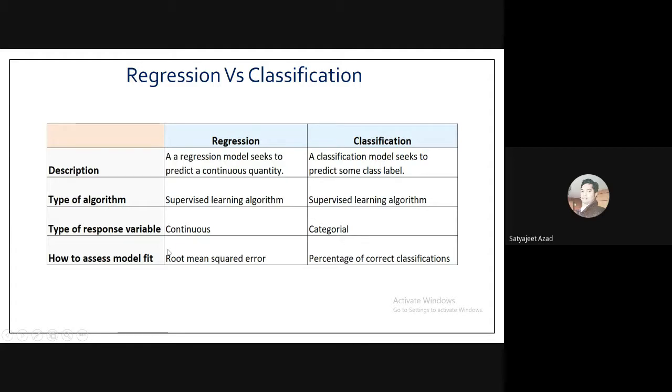For regression, it should be continuous. The rest of the things are similar, but you have to give emphasis to this for a classification problem: here your target variable, your response variable, your dependent variable must be categorical. In regression it's the reverse, it should be continuous.